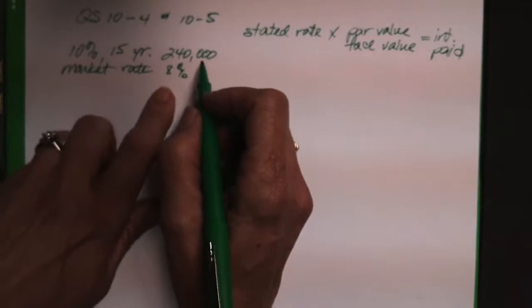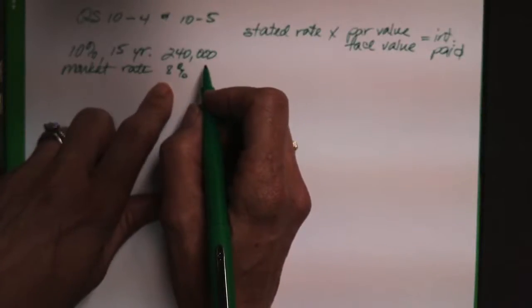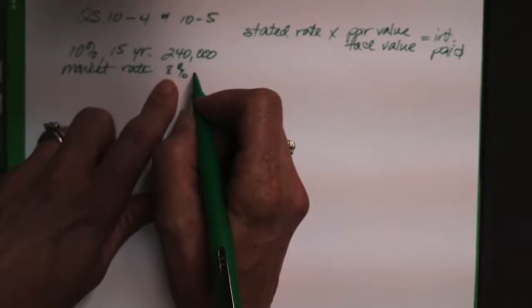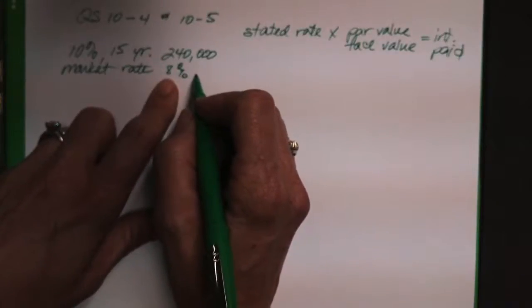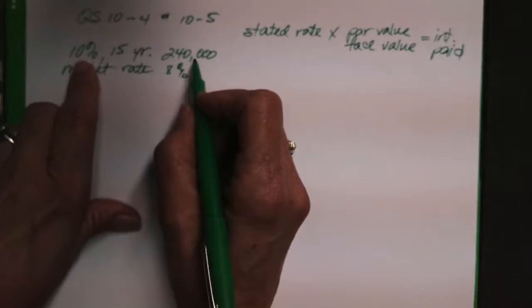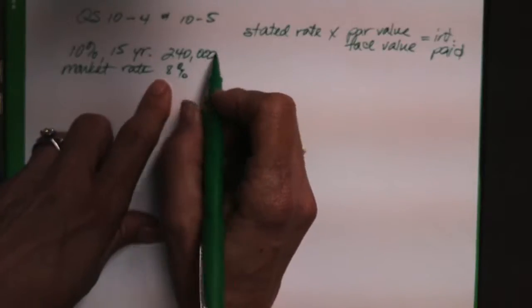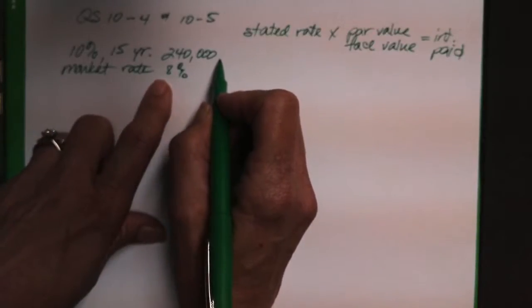Well, if the market rate is 8%, investors don't deserve to earn 10% on bonds like yours. So your bonds are going to end up being sold for an amount that makes the investor actually earn 8%. Well, we need to build a little intuition here. If my bonds are paying 10%, but people only deserve to earn 8%, then what do you think our bonds are going to sell for?